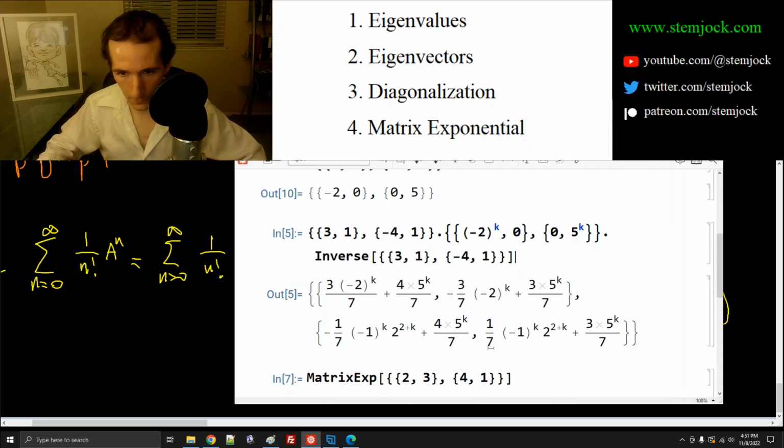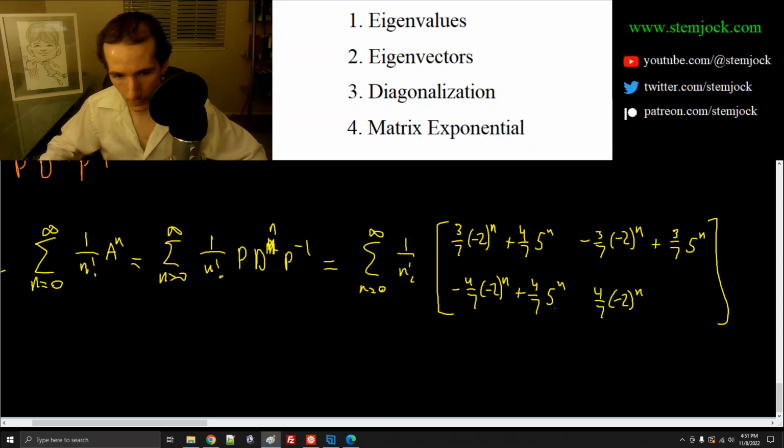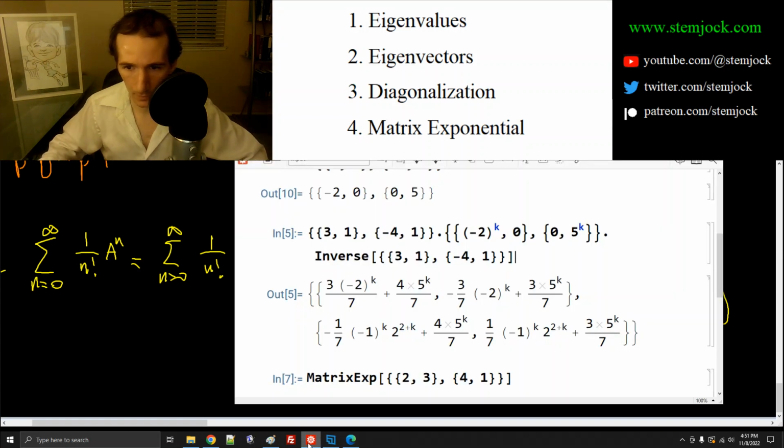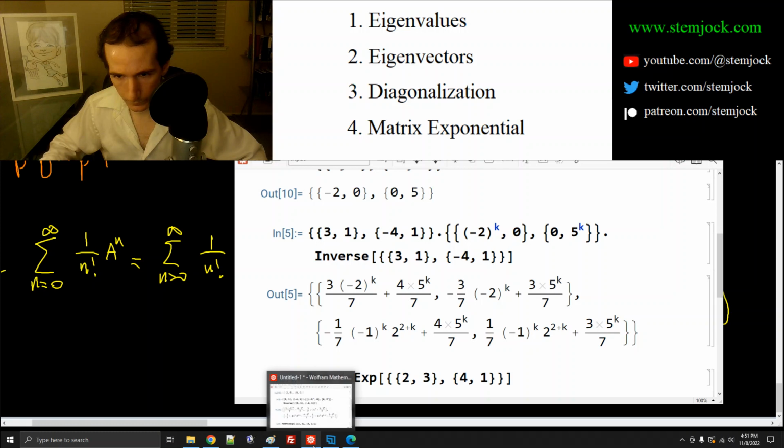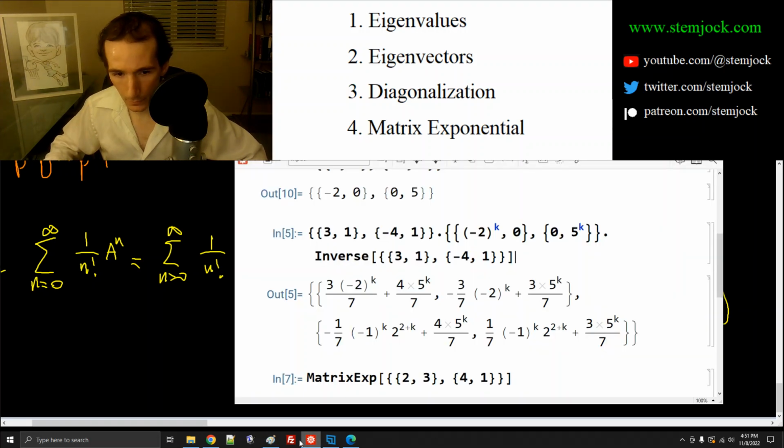And now the bottom right, 4/7 times negative 2 to the power of n. And finally, plus 3/7 times 5 to the power of n. Okay.